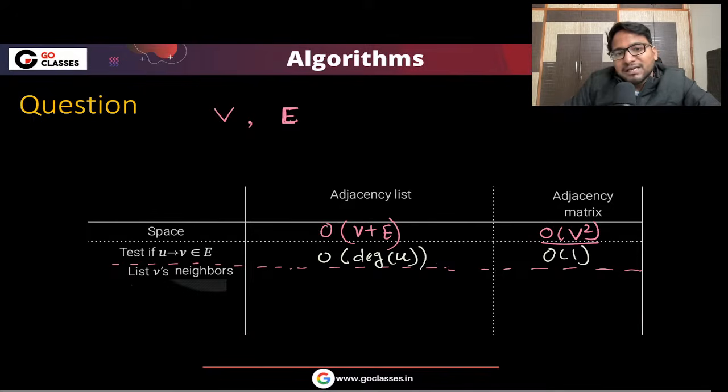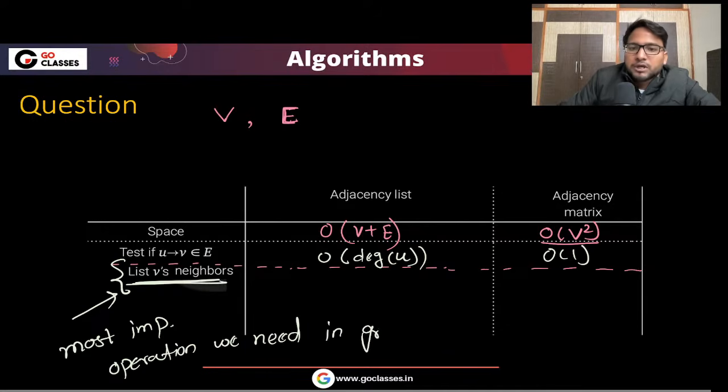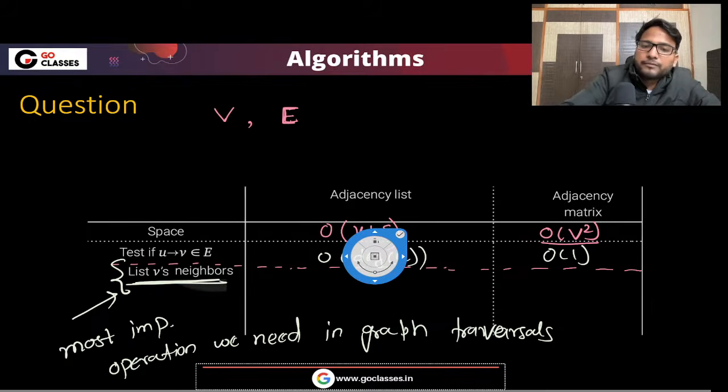Now they are saying list v is never. Actually, this is the most important operation we need again and again. We need it in graph traversals. So now you tell me how much time you will be taking in listing out all the neighbors of this v.